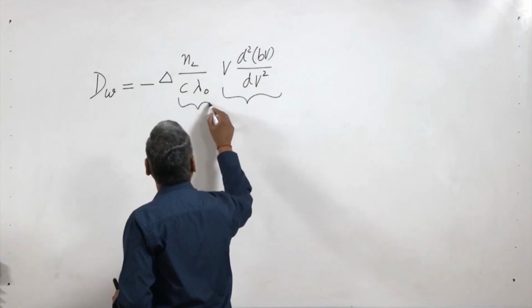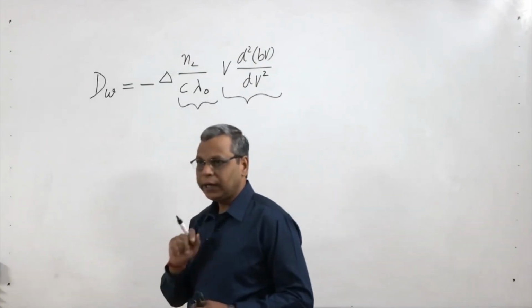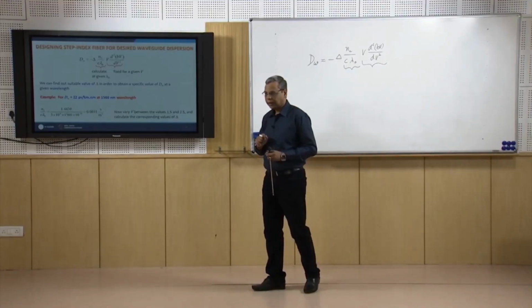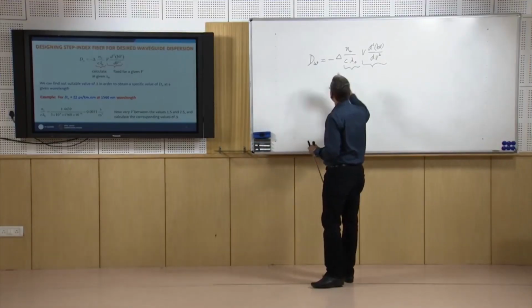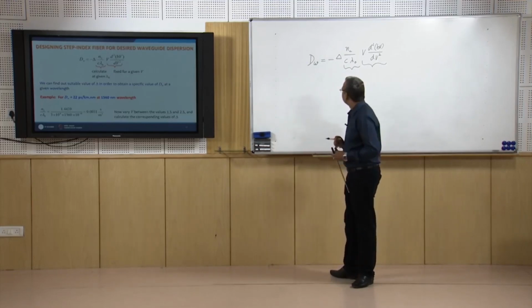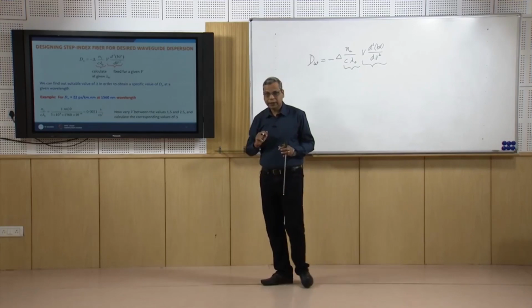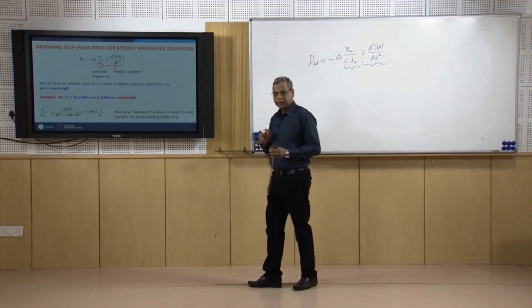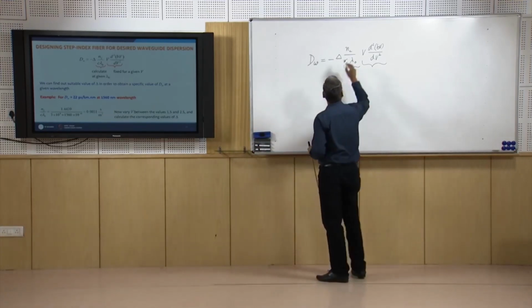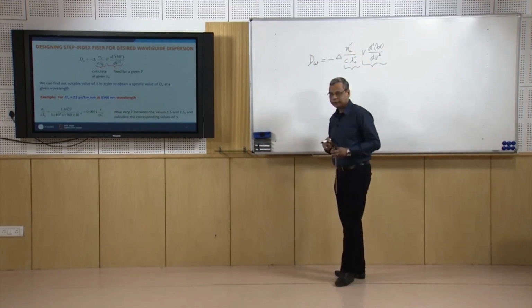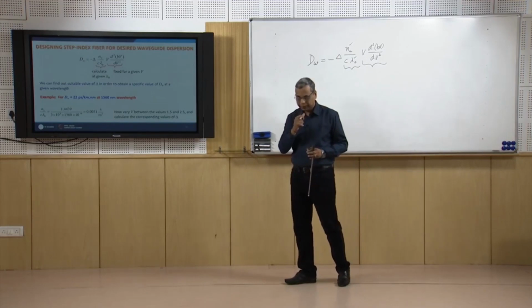If I want to obtain a certain value of waveguide dispersion at a given value of lambda naught, and I always use silica glass fiber, then at a given wavelength this N2 and lambda naught are now fixed.